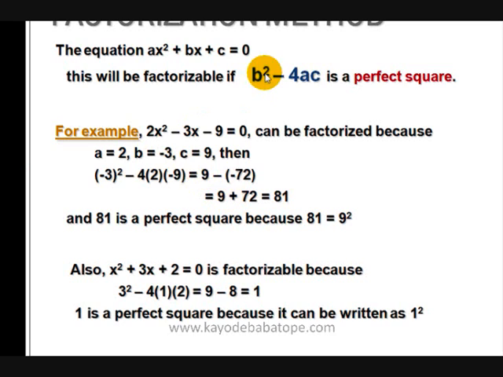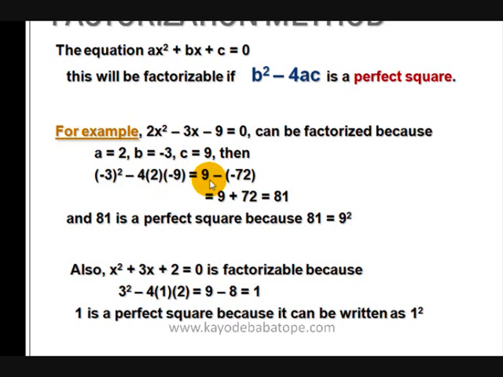Therefore, b squared minus 4ac will give us minus 3 squared minus 4 times 2 times minus 9. Take note that c is equal to minus 9. So you have minus 3 squared minus 4 times 2 times minus 9.